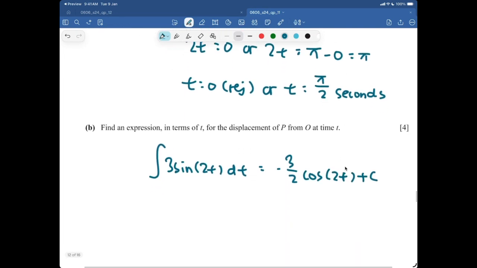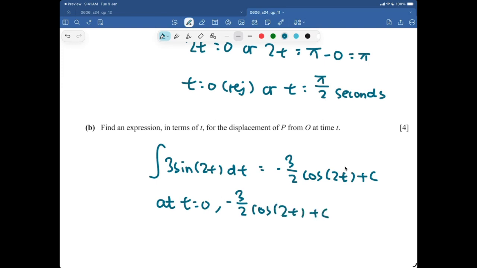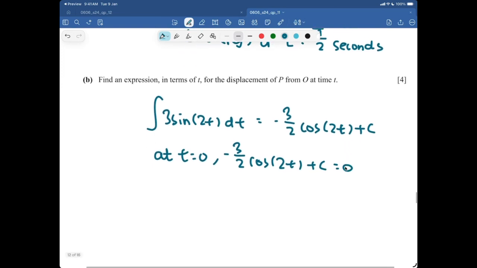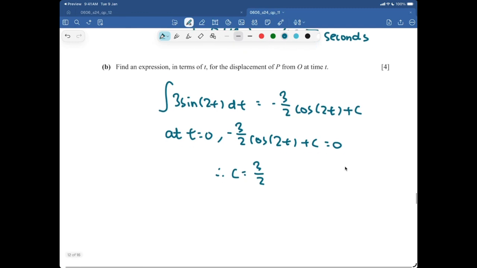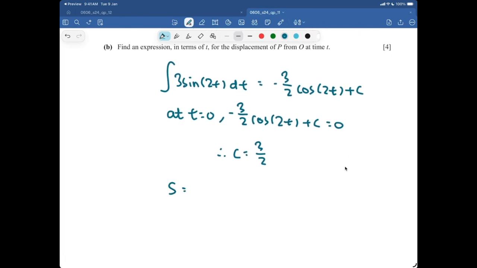So at t equals 0, negative 3 over 2 cosine 2t plus c equals 0, because the displacement is 0. So therefore, it gives you c equals 3 over 2. So displacement, which we call s, is equal to negative 3 over 2 cosine of 2t plus 3 over 2.